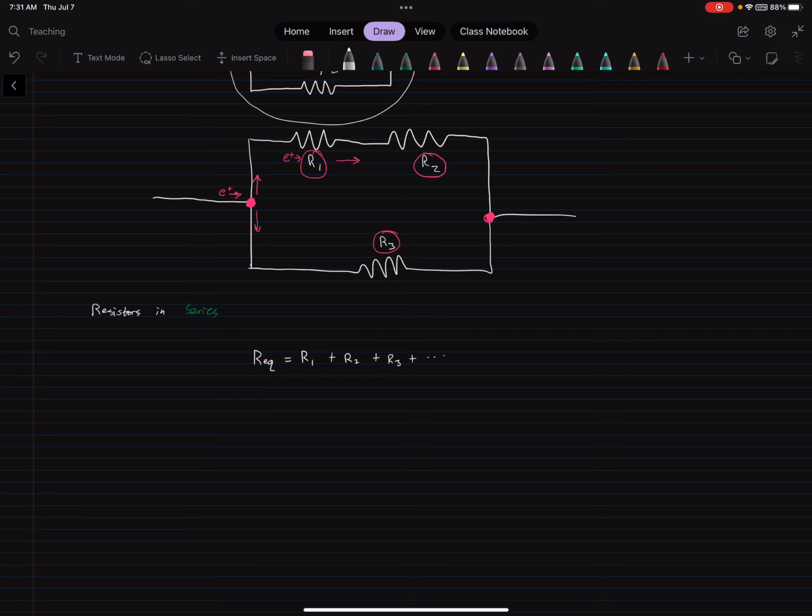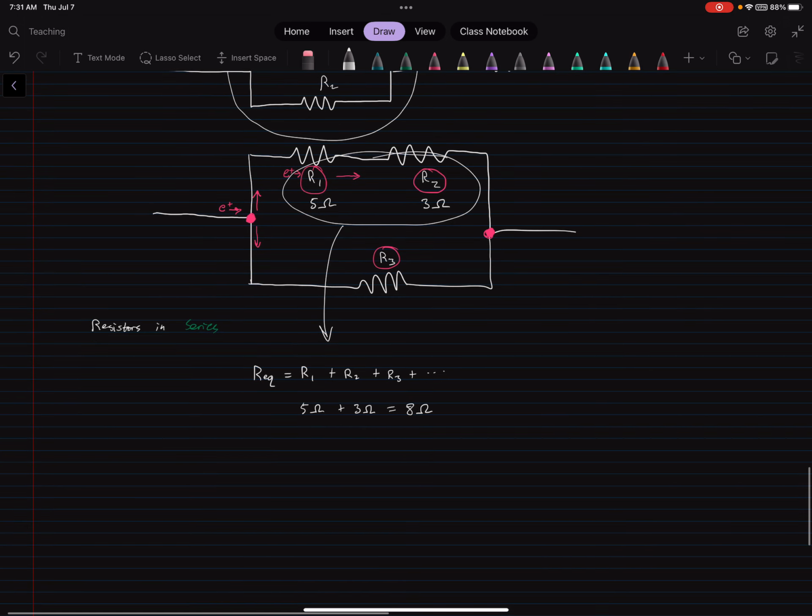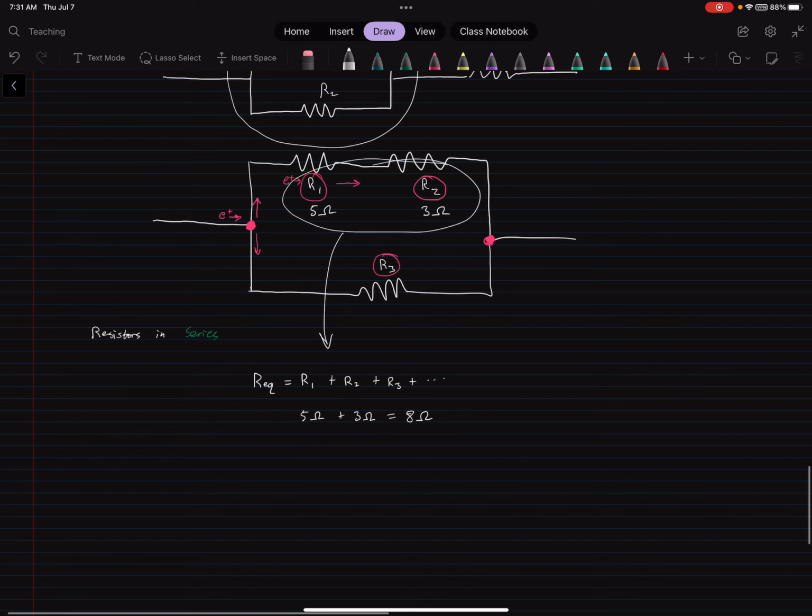Meaning that if R1 were a 5 ohm resistor and R2 were a 3 ohm resistor, and we were to add these two together, which are in series, we would apply this formula and we'd have 5 ohms plus 3 ohms is equal to 8 ohms, and that is the total equivalent resistance of those two resistors.